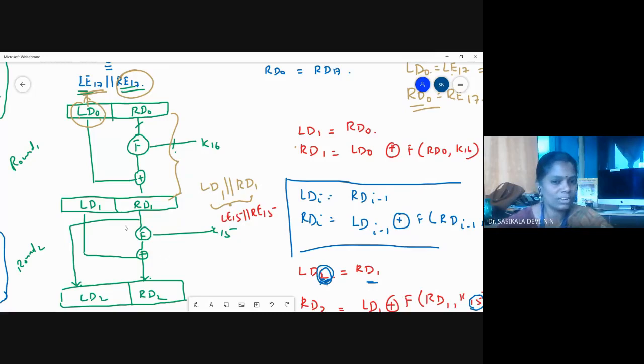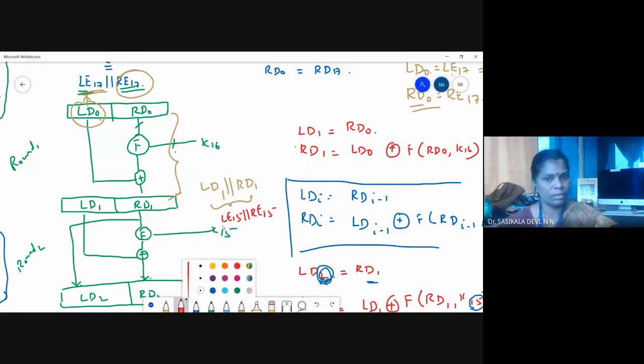But it's not actually LE15, RE15 because finally one swap is missing. We have not started with swapping, so finally we have to do the swapping. So this is not expected. The expected thing is RE15 added with LE15, because finally we do swap.